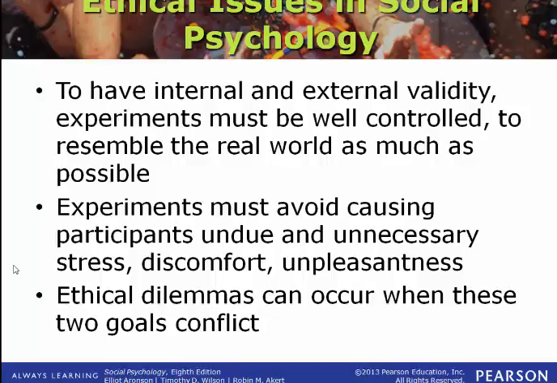In other words, we have to make sure that we are doing ethical research. We don't want to hurt our participants, obviously, but also we don't want to waste their time. We don't want them to not enjoy the study, to be in an uncomfortable situation. And so on top of having internal and external validity, we also have to have ethical research.